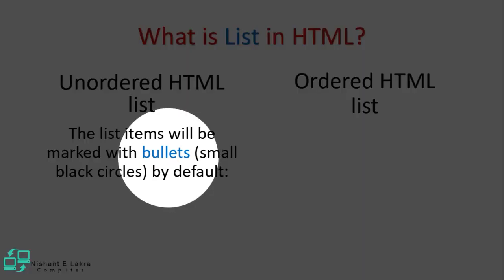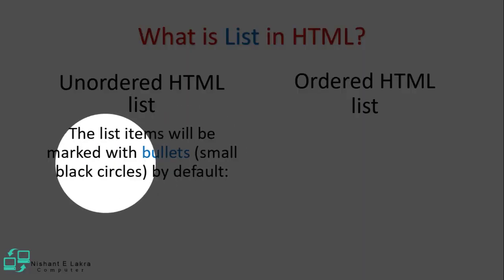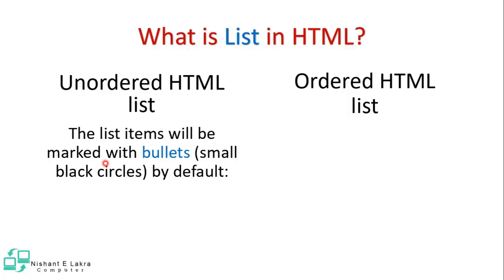Now, what are bullets? Bullets are small black circles, right? You might have seen them in your book, also in the newspaper or any magazine that you read. There are small black circles which are known as bullets. Now, there are different shapes of bullets also.